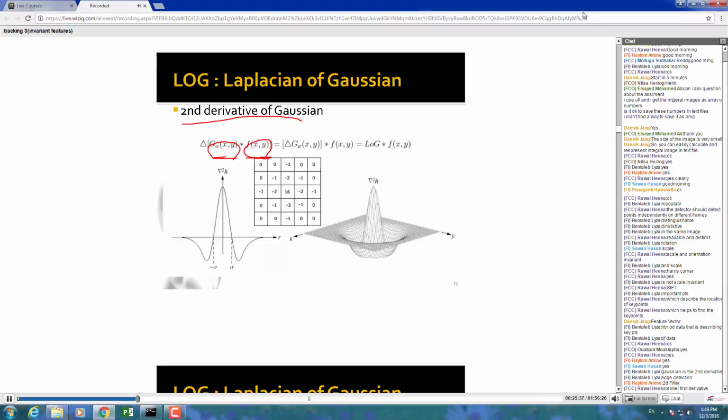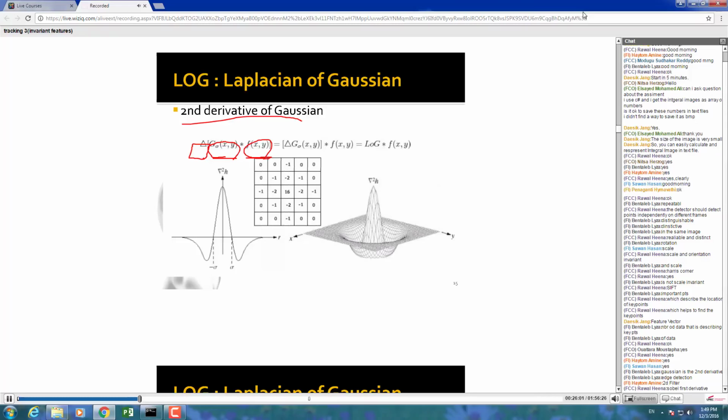After Gaussian filtering, the original image f is blurred, and on top of the Gaussian result, we apply this triangle. This triangle means the second derivative, the Laplacian operator.